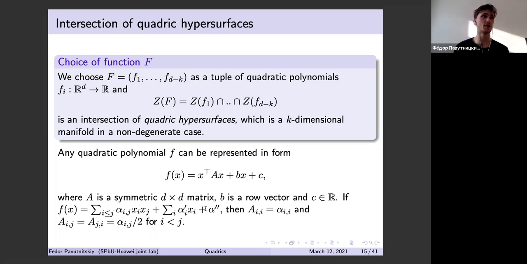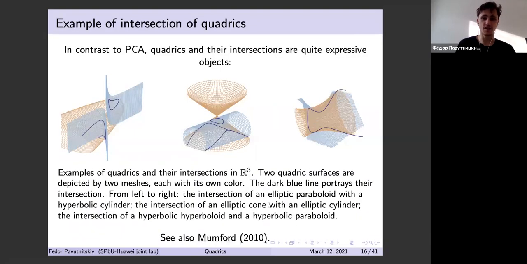In coordinates rather than matrix form, we will write it down like this. We will need it a couple of times in the talk, so we will use both of these forms for a quadratic polynomial. How to switch between these forms is just symmetrization. These are just a few examples.